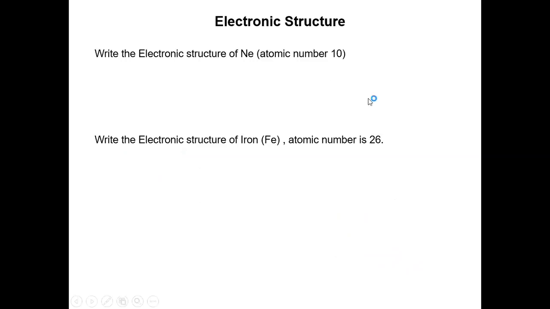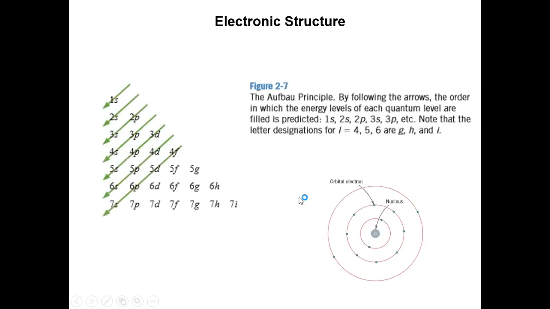In the s energy level, there can be 2 electrons. In p energy levels, there can be 6 electrons. In d energy level, there can be 10 electrons, like that.